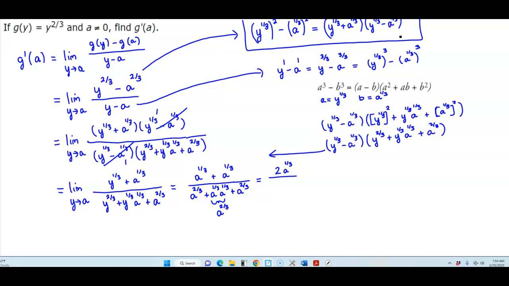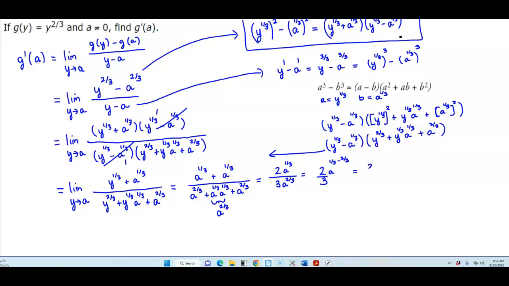So that means you're going to have 3 of them. So we have 3a to the 2/3. Now remember that when you have the same base and you're dividing them, you subtract the exponents. So you have 2a to the 1/3 minus 2/3, and that's 2 over 3.